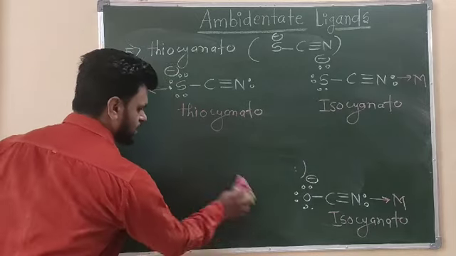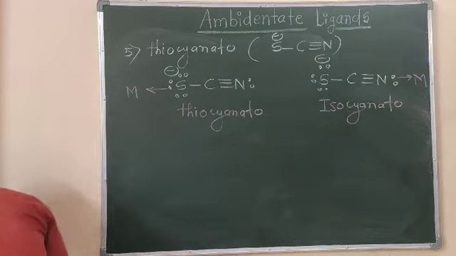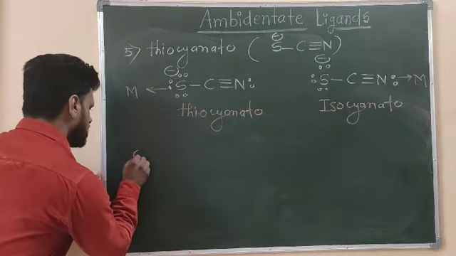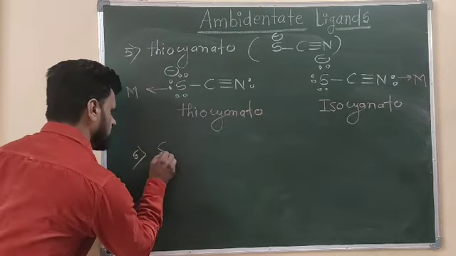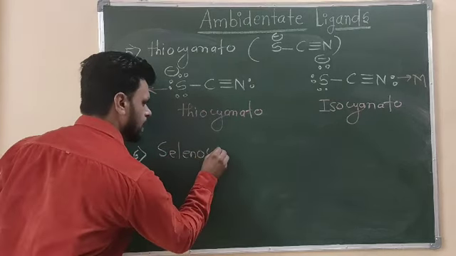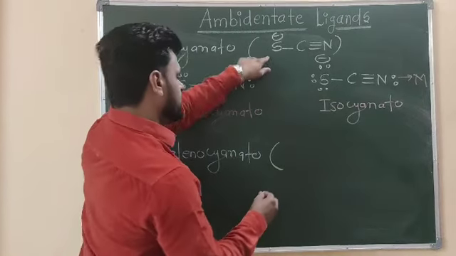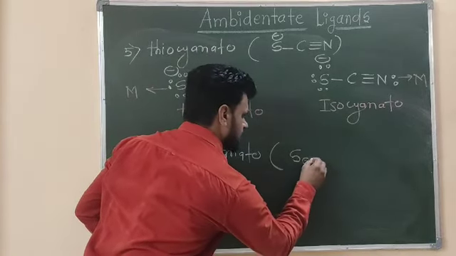Now if I replace sulfur in the above example by selenium, we'll get a new kind of ligand, and this is called seleno, meaning selenium. Selenocyanato. Now if you look here, I will replace sulfur by selenium.